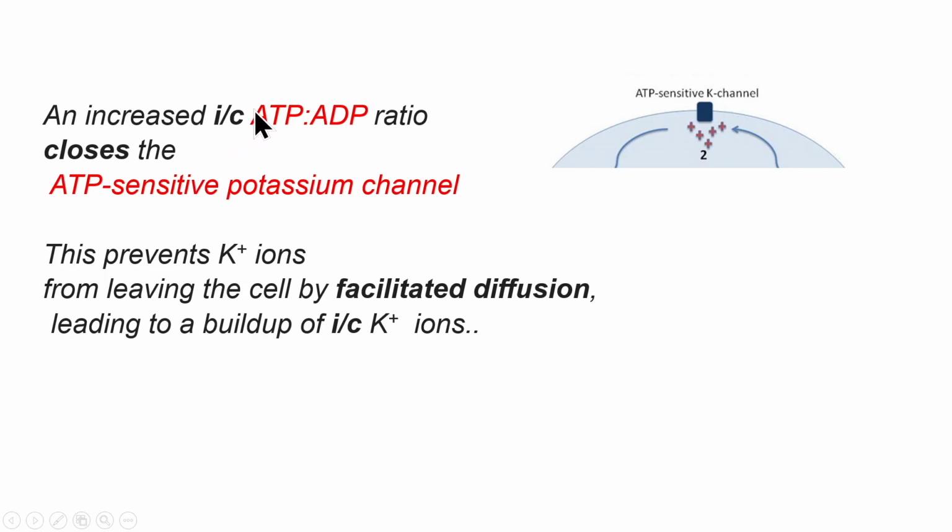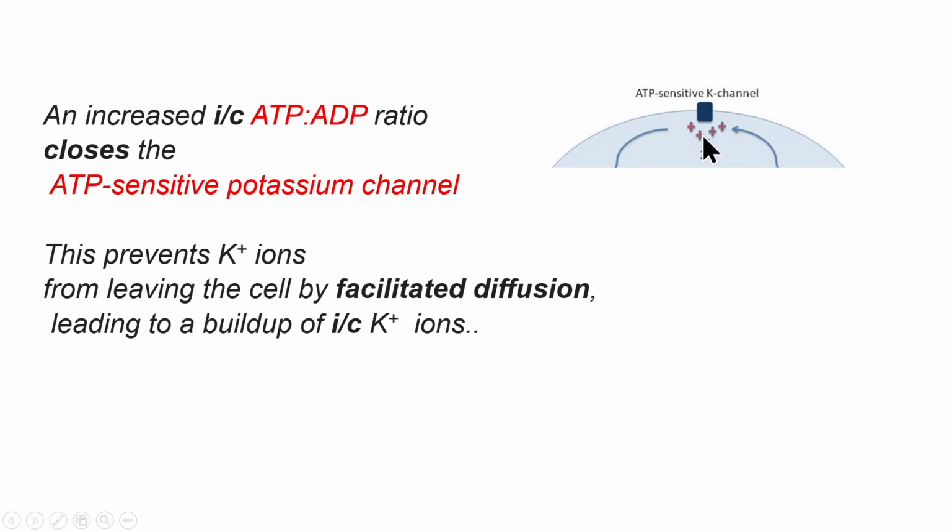An increased intracellular ATP-ADP ratio will close these potassium channels. At low glucose concentration levels, these ATP-sensitive potassium channels are open, and positively charged potassium ions can move out of the cell, maintaining the negativity inside the cell.